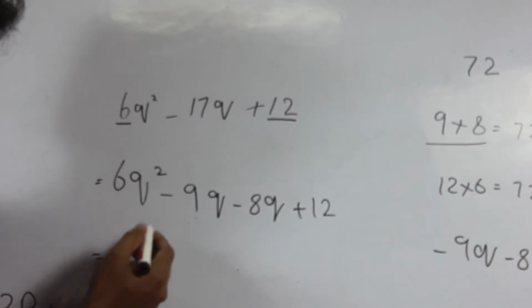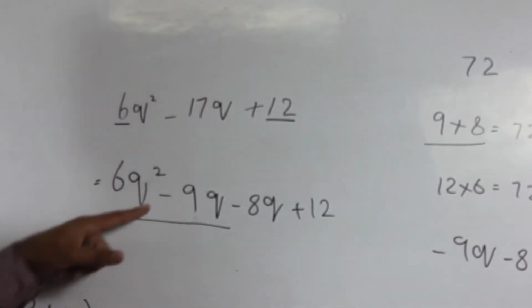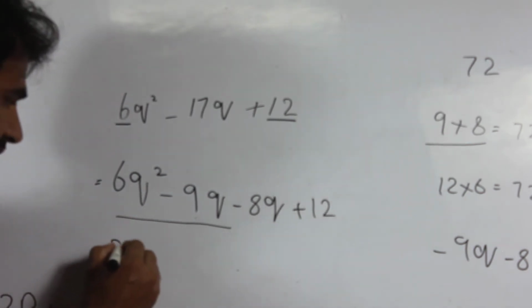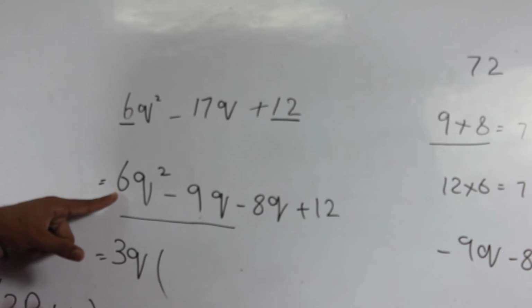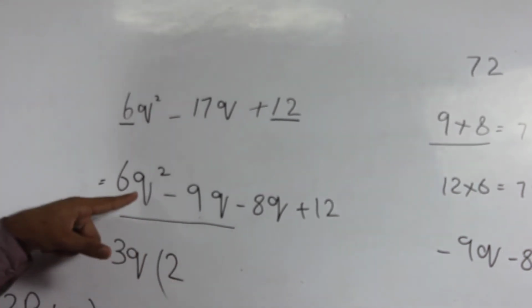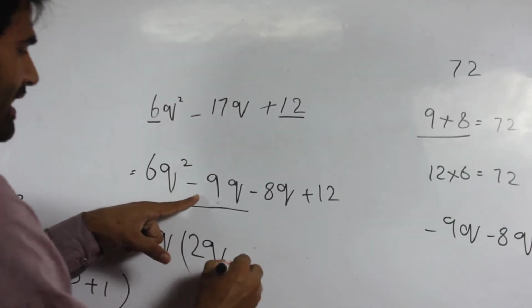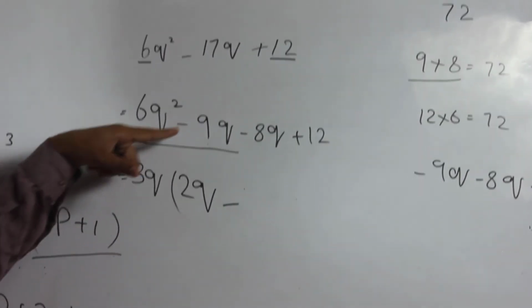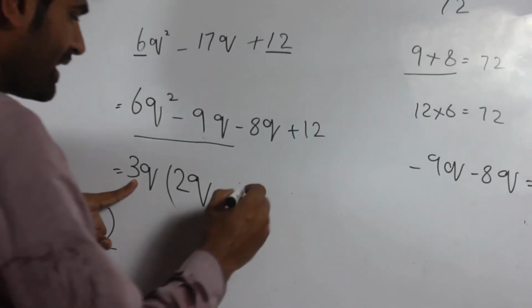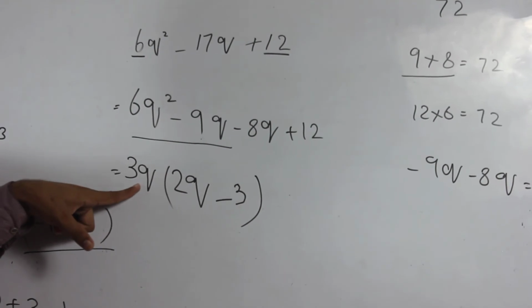Then again take common from the first two terms, 6q square minus 9q. Here common is 3q. When I take 3 common from 6, 3 twos are 6, and taking q common from q square leaves q. Then the negative sign: when I take 3 common from 9, 3 threes are 9, and q cancels with q.